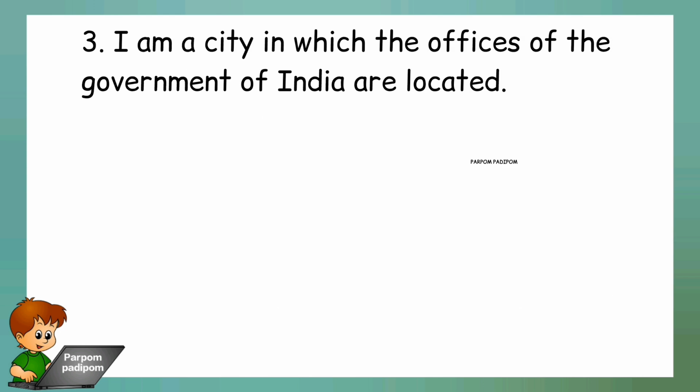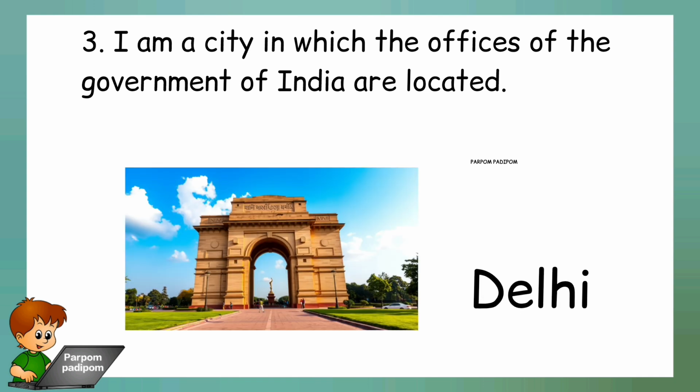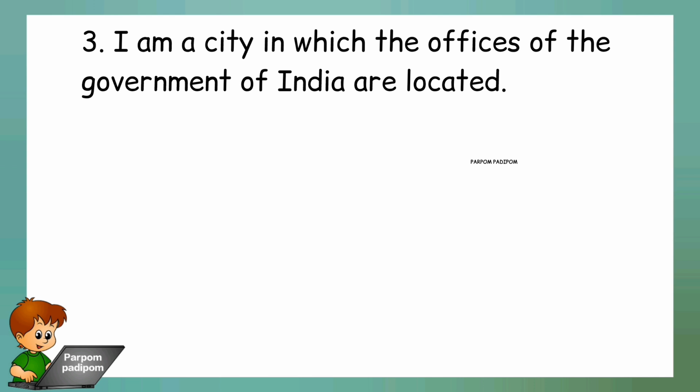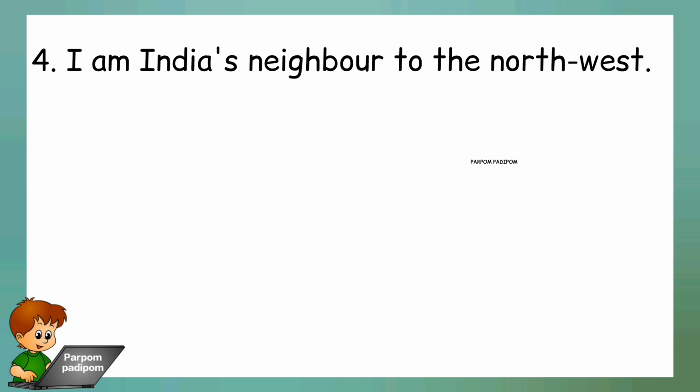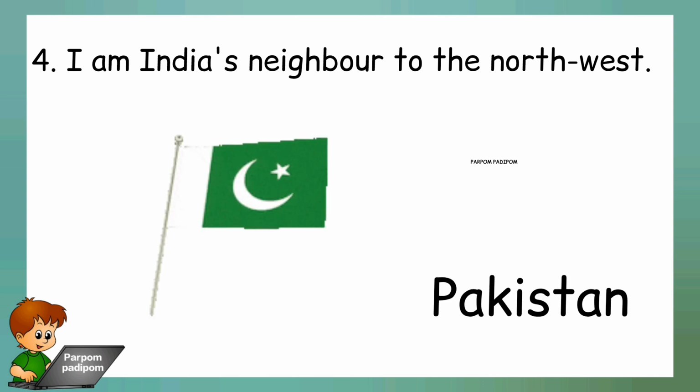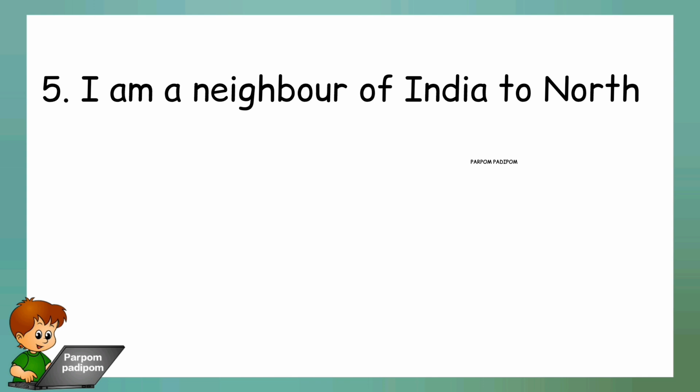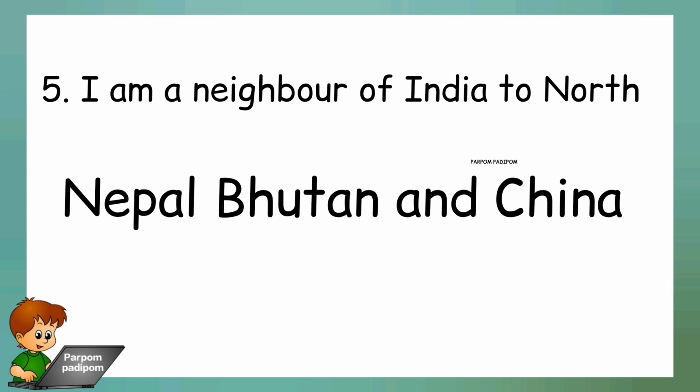I am a city in which the offices of the Government of India are located. Delhi. 4. I am India's neighbor to the northwest. Pakistan. 5. I am a neighbor of India to the north. Nepal, Bhutan, China.